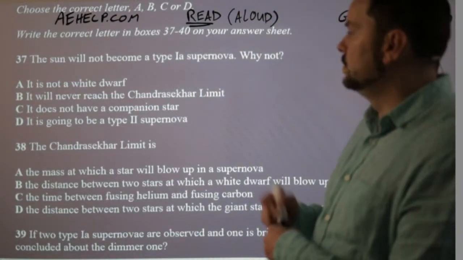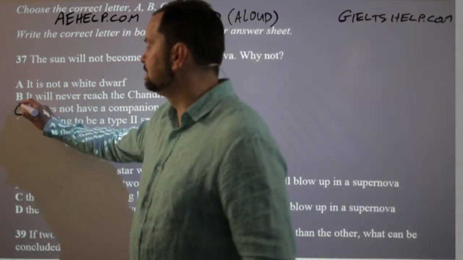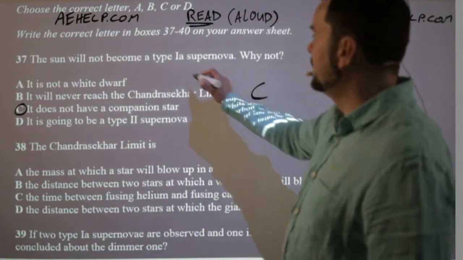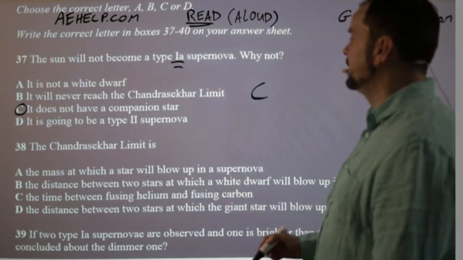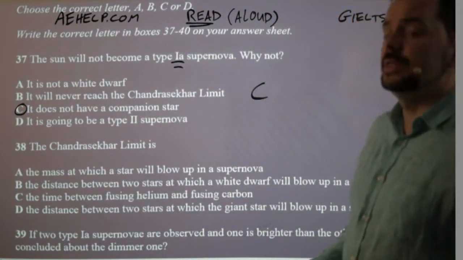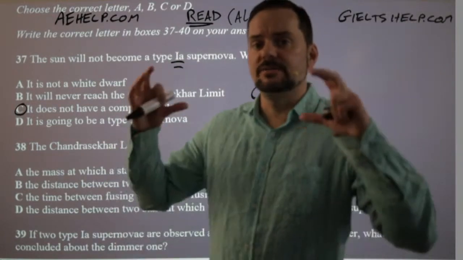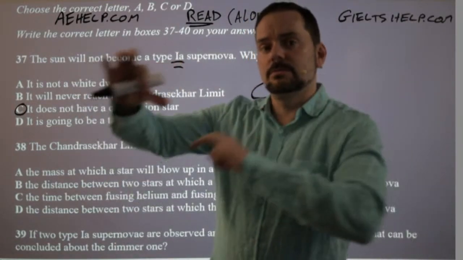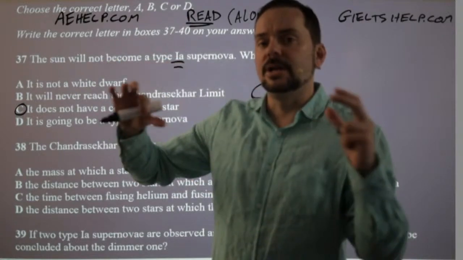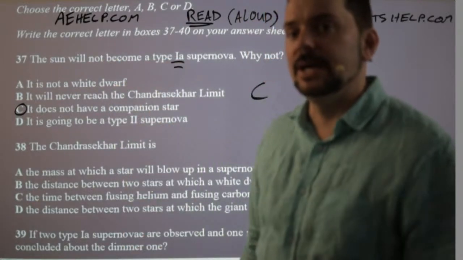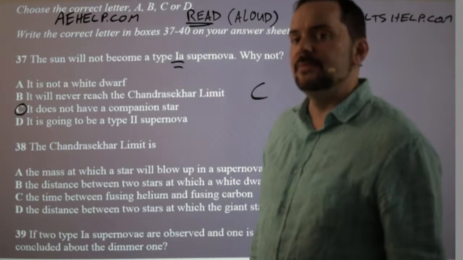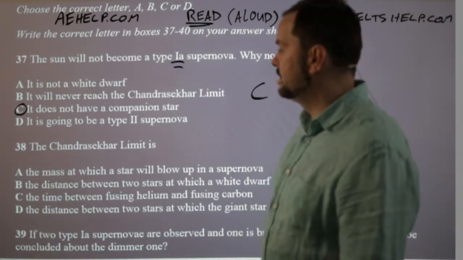Yeah, absolutely. C is the correct answer, because for the type 1a supernova from paragraph C, we know that it needs 2 stars. Okay, so there have to be 2 stars that are kind of moving around a common point. Okay, it doesn't have a buddy, David. It doesn't have a friend star.